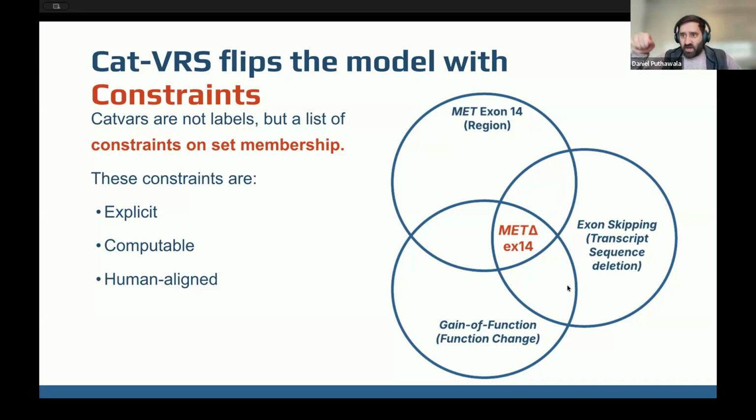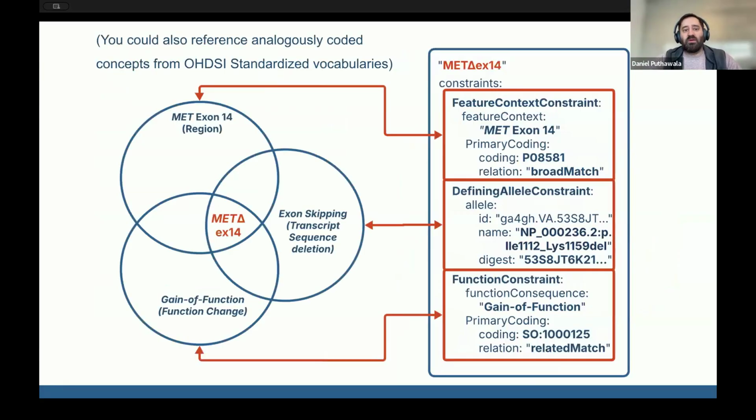And if those three boxes are checked off, you know you are looking at a member of this class, regardless of what else you know about it. So that's what we designed Cat-VRS to do. We were able to translate these different properties into different constraints that then exist in the model and allow computers to check off the boxes in the same way that you can do this sort of intuitively.